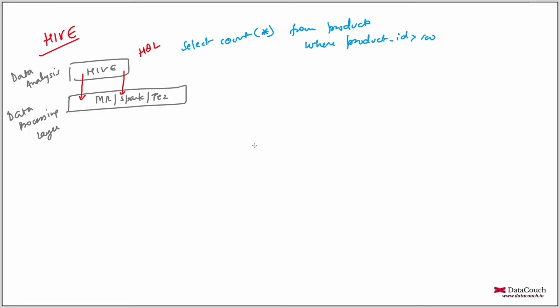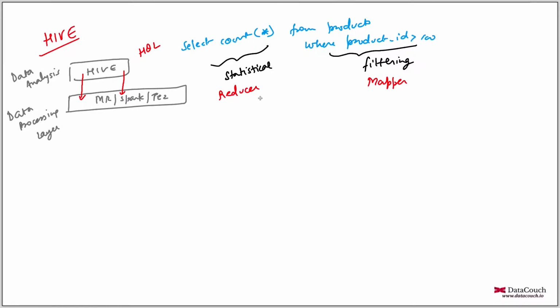In this case, this is my filtering operation, and this is my statistical function. Now filtering is taken care of by the mapper. So this is the mapper's responsibility, and this is the reducer's responsibility, because it is a statistical function.